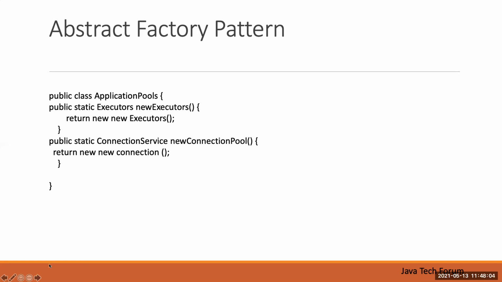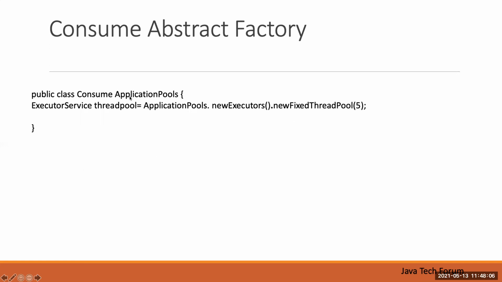Now, how to consume the abstract factory. If I want to use the connection pool, I don't need to know where it is handled. I can simply go to the application pool, and from there I can create the thread pool factory.